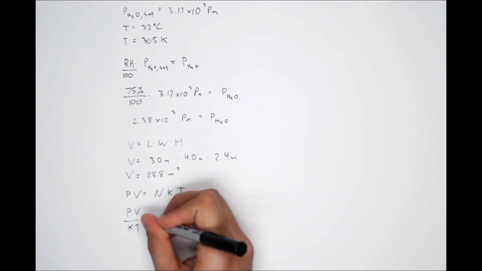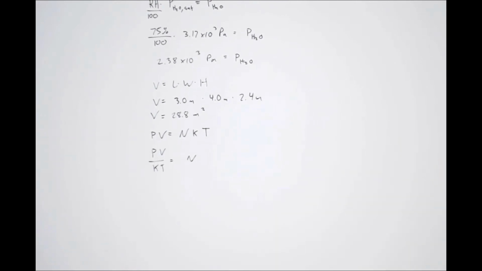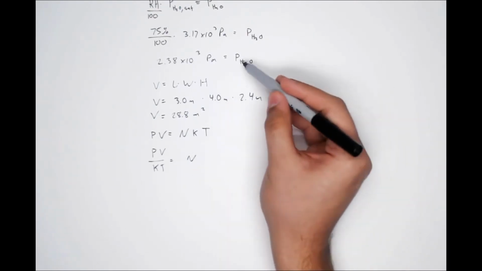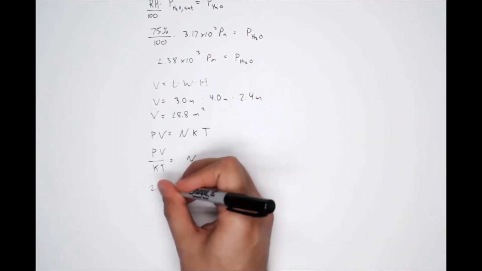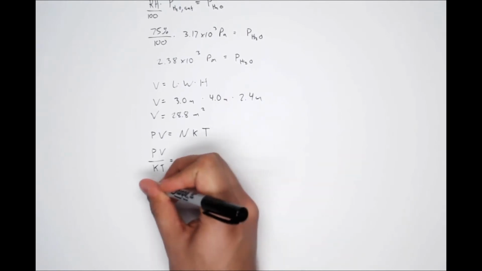PV over kT will be equal to N. Now we can start plugging in our numbers. The pressure is the one that we computed for the vapor pressure, 2.38 times 10 to the third pascals.